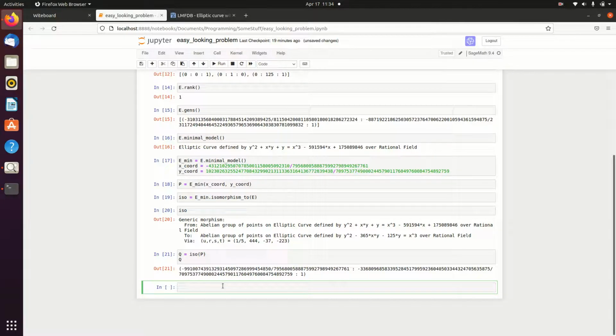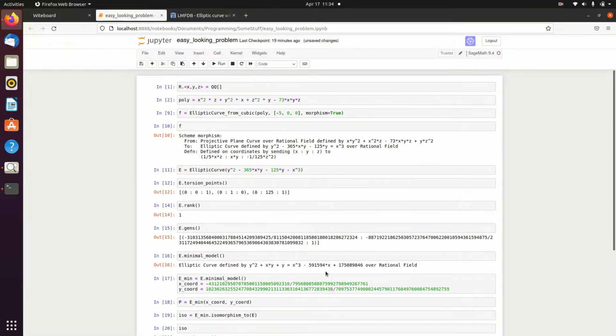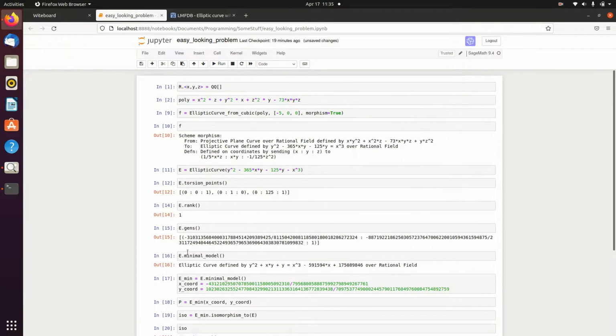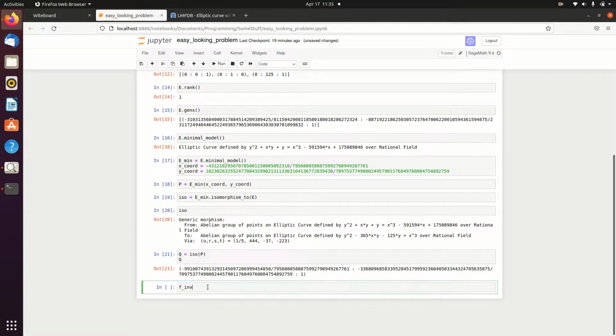Okay, and now what we want to do is go from this point here back to our initial equation, and we do this by the isomorphism f. But f goes in the wrong direction. f goes from this equation to this equation, so we need the inverse, and let's see, there should be an inverse method, and there is.